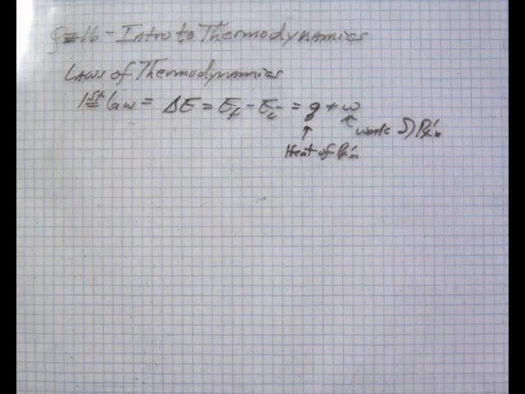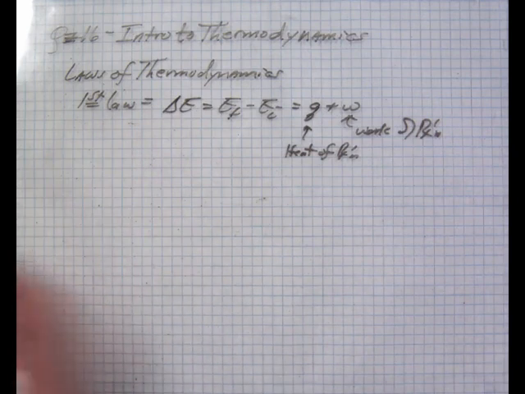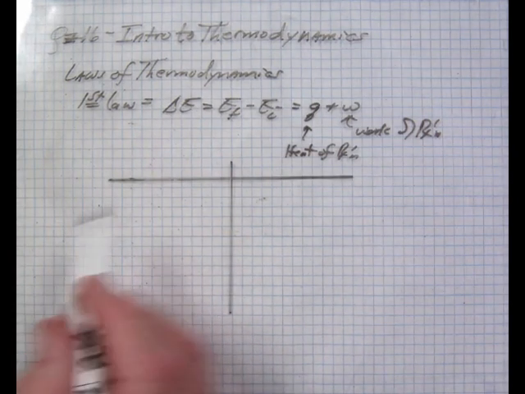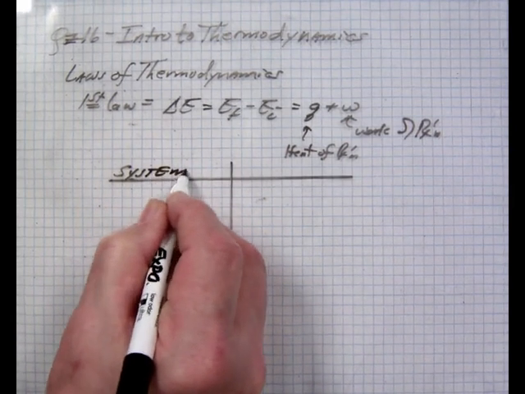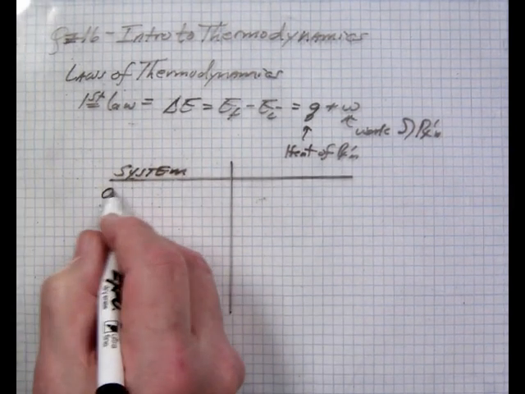So we're going to make measurements of how chemical and physical processes take place. We have to have a mechanism by which we can measure the energy changes that are going on. When we talk about the system, we're talking about an object of interest.